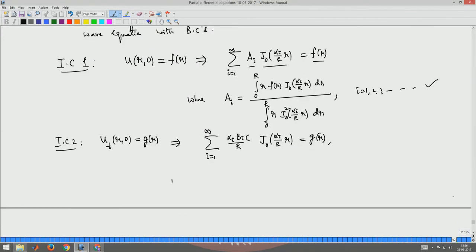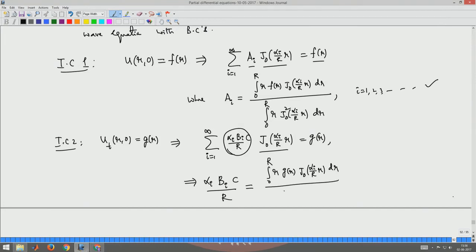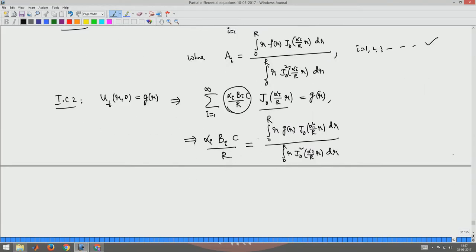Now from this, one can see that b_i, this whole constant, I can get using the dot product, that is from 0 to capital R, with a weight function r g(r) into this eigenfunction J_0(alpha_i r / R) r dr. On the left-hand side only the integral of r J_0 squared of alpha_i r / R dr survives. So, this will determine your b_i.